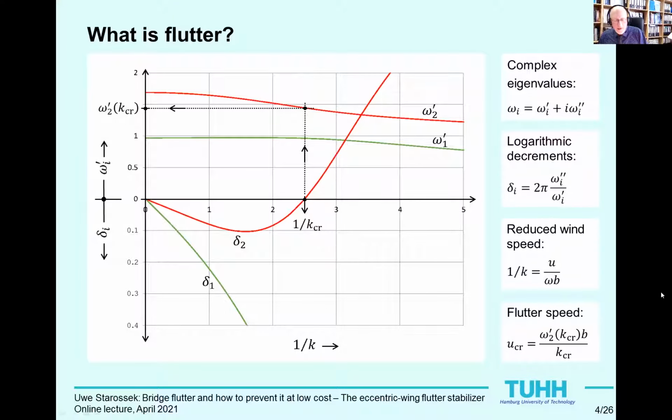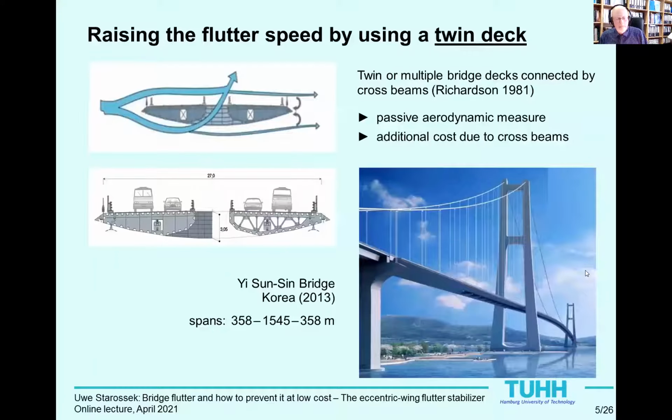Let's consider other possibilities for raising the flutter speed of a bridge. The so-called twin deck, proposed by Richardson in 1981, is a clever way of doing this. The pressure equalization between top and bottom sides of a bridge deck reduces flutter-inducing forces. It is a passive aerodynamic measure that has successfully been implemented in a few bridges.